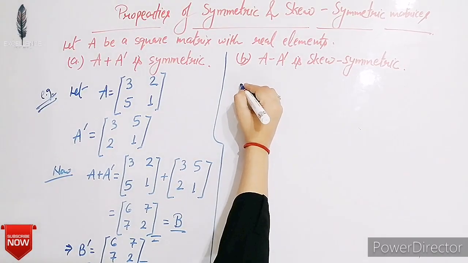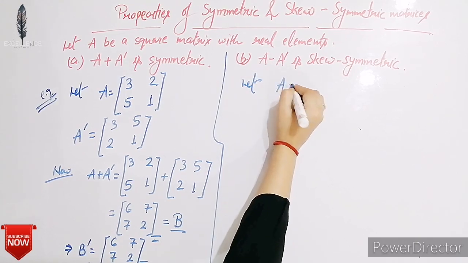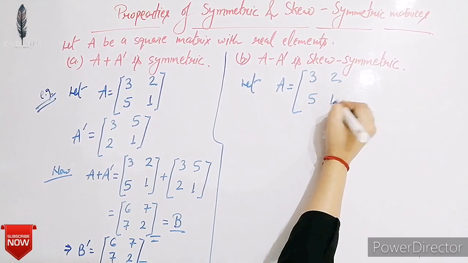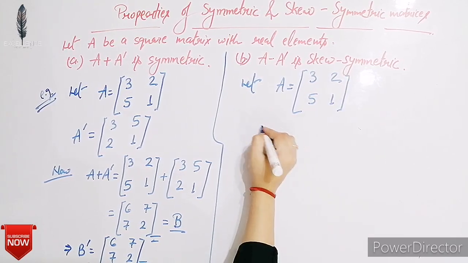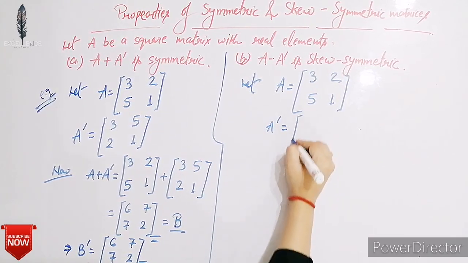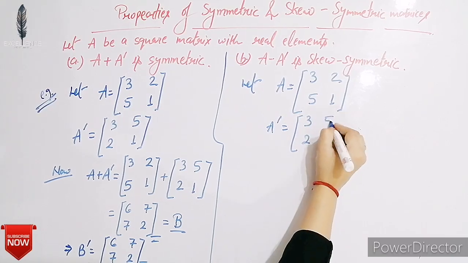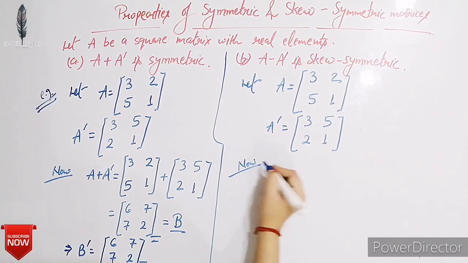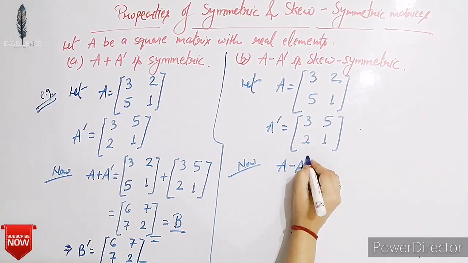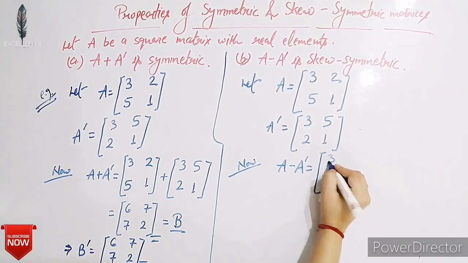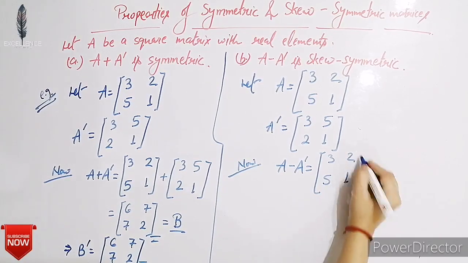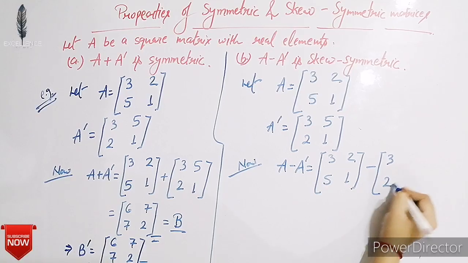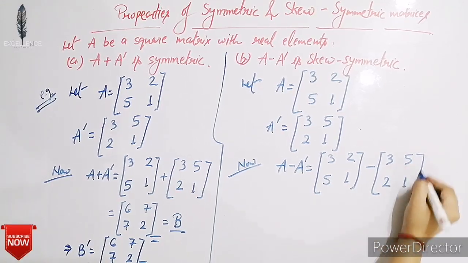Next is A minus A dash is skew symmetric. Let A equal 3, 2, 5, 1 and its transpose A dash is 3, 2, 5, 1. Now, A minus A dash is 3, 5, 2, 1 minus 3, 2, 5, 1.